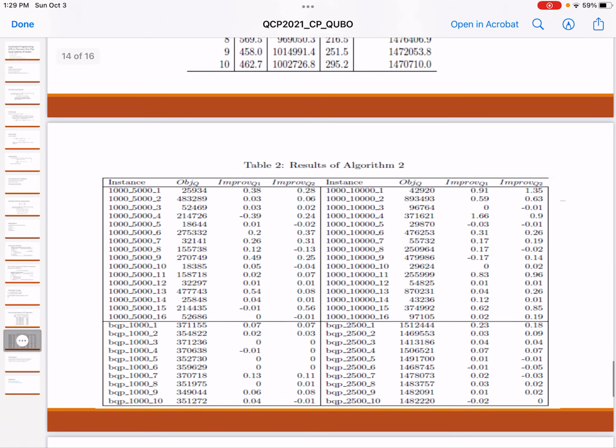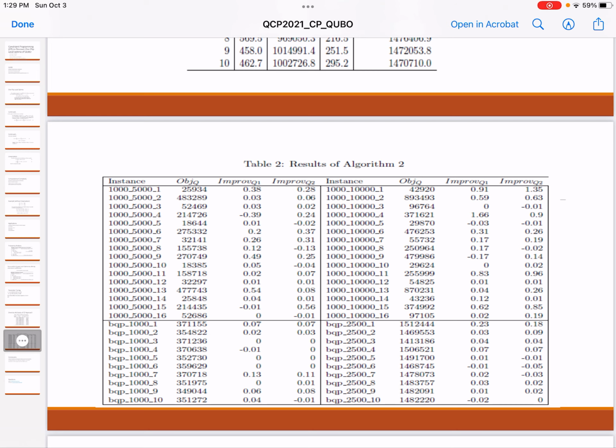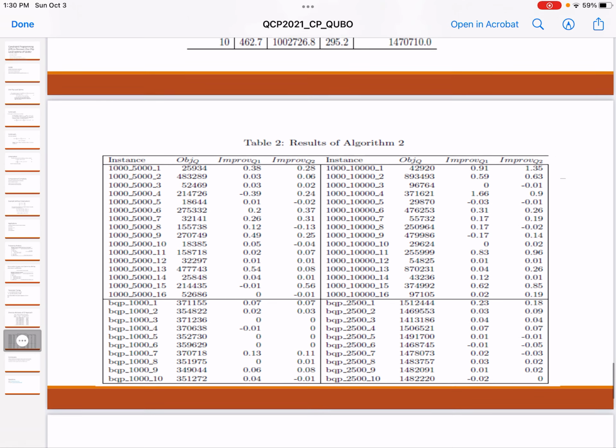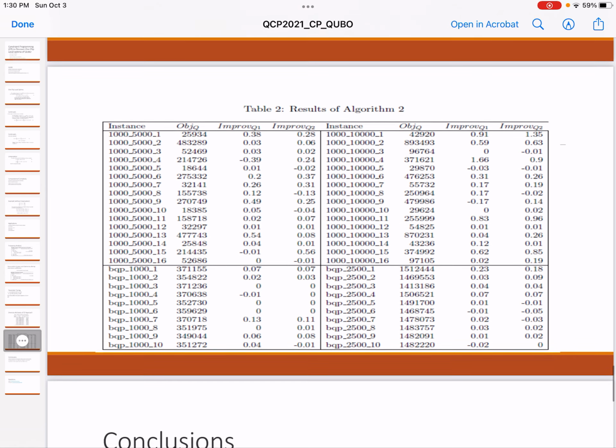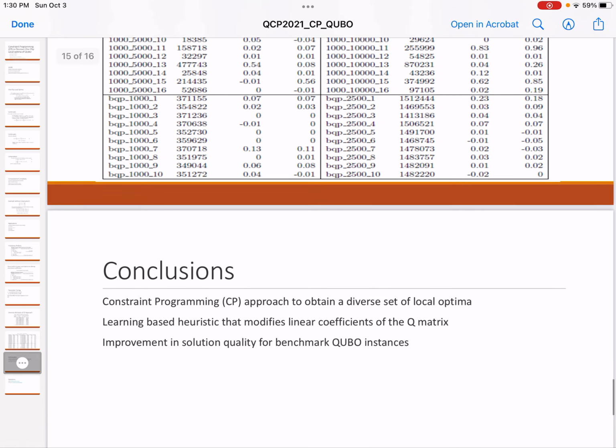We experimented with both favoring local optima and escaping local optima using Q1 and Q2, again based on these slight perturbations, and we realized that it leads to improvement in solution quality in the majority of the instances as indicated in this table. So you can see the objective function when we just used Q and the objective function when we used Q1 was different, and most of the times it was favorable to make these small perturbations.